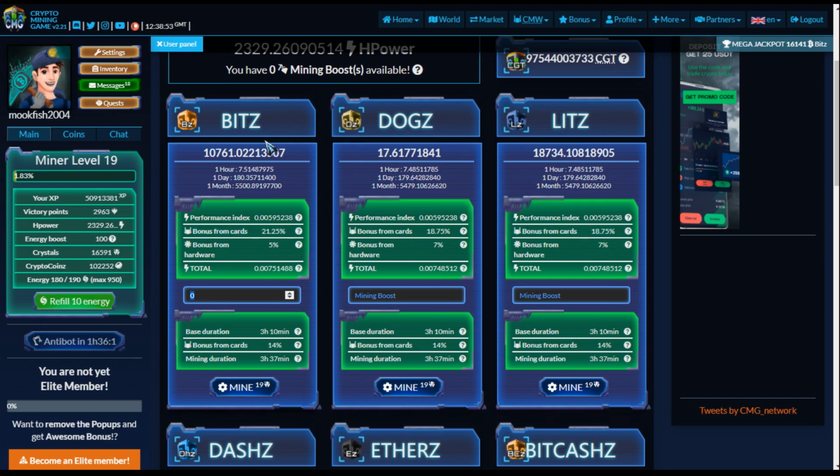With bits, I get a 21.25% boost from my cards, and obviously they're the same cards. I'm only on 5%, but I'm actually earning 7.51 coins per hour. So with bits, at 5%, I'm earning more than lits at 7%.